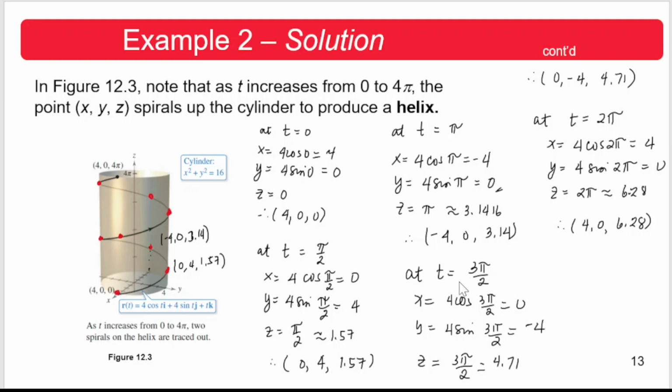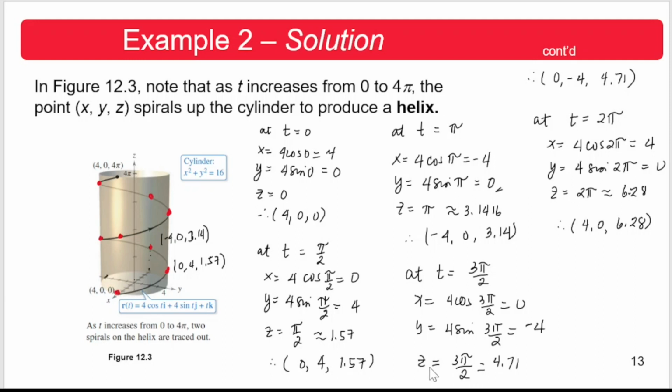At 3 pi over 2, from the positive x-axis, you scale 3 pi over 2 degrees. So this is 90, 180, then this is 270 or 3 pi over 2. So at t equal to 3 pi over 2, the x-coordinate is 0, the y-coordinate is negative 4. Meaning from the center, you scale 4 units along the negative side of the y-axis.